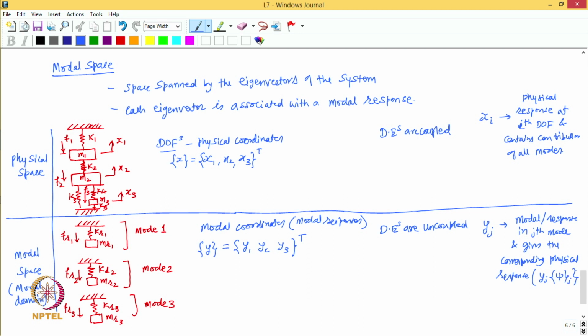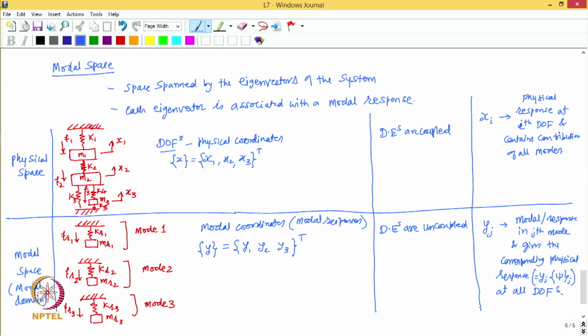That will be the physical response. So, it gives the corresponding physical response at all DOFs, correct. So, that is another important difference.